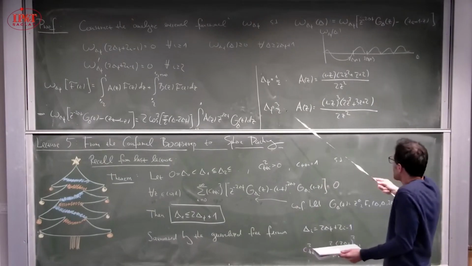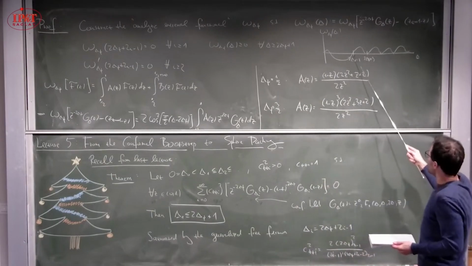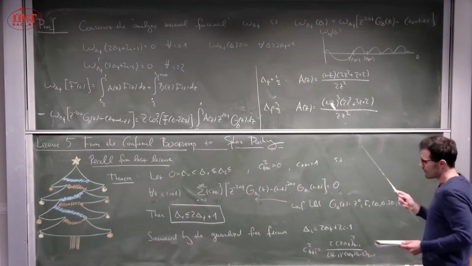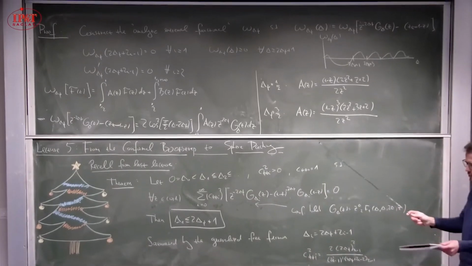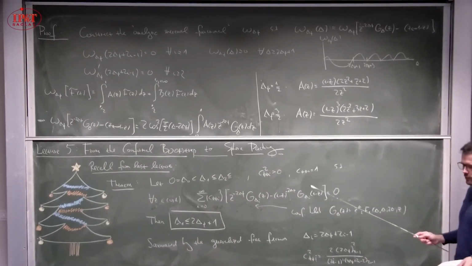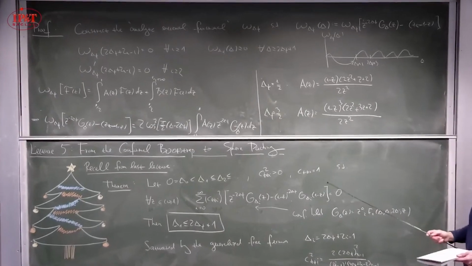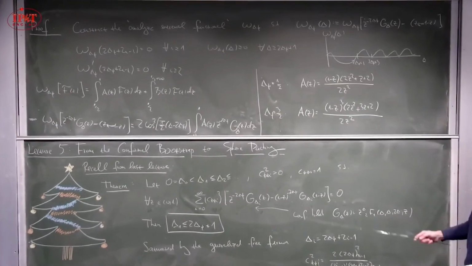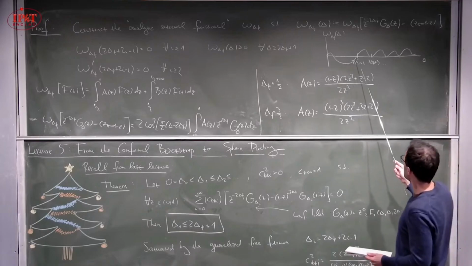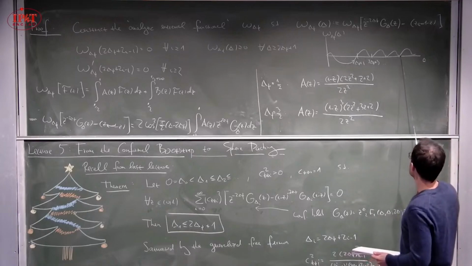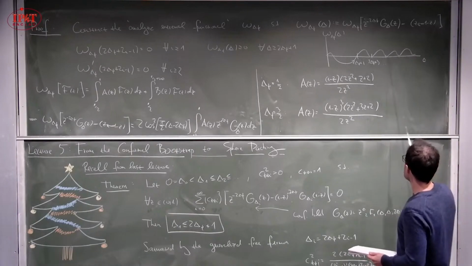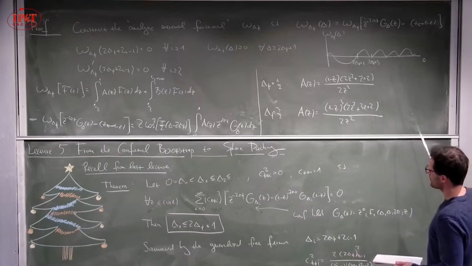But because it's saturated by the free fermion, it actually has to vanish on the spectrum of the free fermion. This is a very similar phenomenon to what we saw in the first lecture for quantum mechanics, and the second lecture for the ODEs, where we got this nice limit cycle where the extremal function needed to vanish. Here the analog of the limit cycle is the set of points where the extremal function needs to vanish, at 2 delta_phi plus integers.